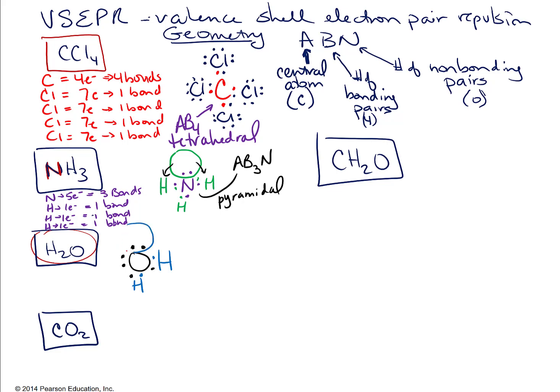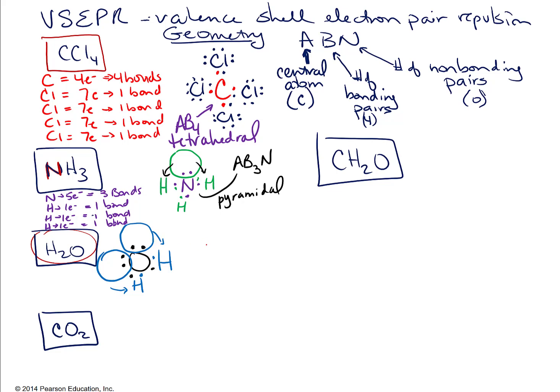But these electrons take up this amount of space, these electrons take up this amount of space, and they're going to have this push, this repulsion effect on the hydrogens. So the hydrogens that are just trying to share their electrons with the oxygen actually get kind of shoved by those non-bonding pairs.